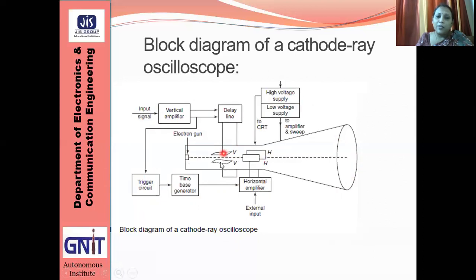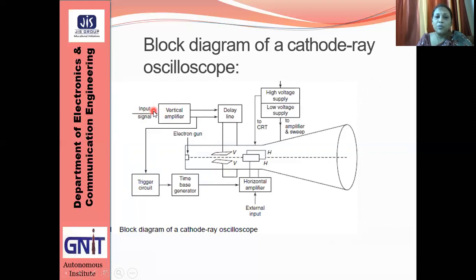The electron passing through this vertical plate gives actually a very weak signal. So we need to amplify this signal. So we have to add a vertical amplifier to this vertical plate. See what is happening?